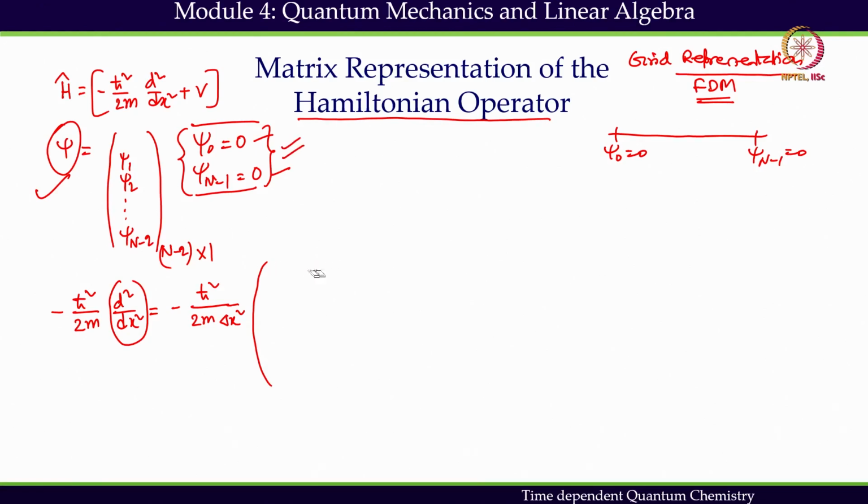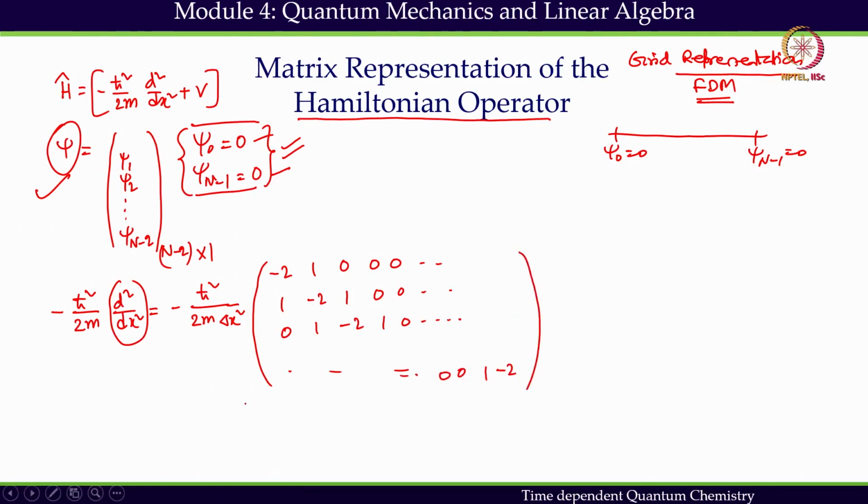So I will directly use minus 2 1 0 0 0, then 1 minus 2 1 0 0, then 0 1 minus 2 1 0, and this will be continued. Finally I will have minus 2 1 0 0 here.